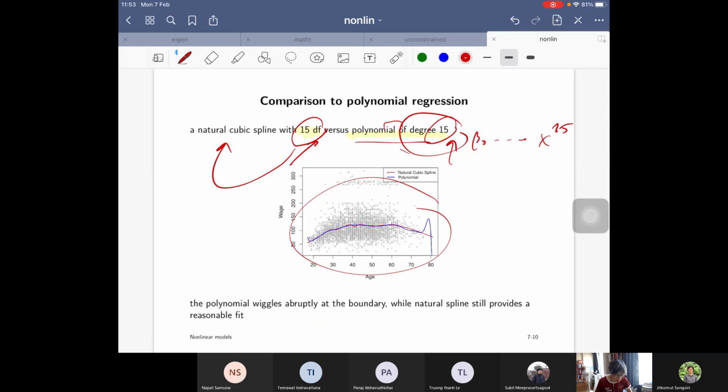So this is a graph to show that when you use a high order polynomial, sometimes the model will not generalize well because the curve can change too abruptly at the outer range of x. While in the natural spline you force the boundary to be a linear curve. Okay, so it gives you a more reasonable fit.